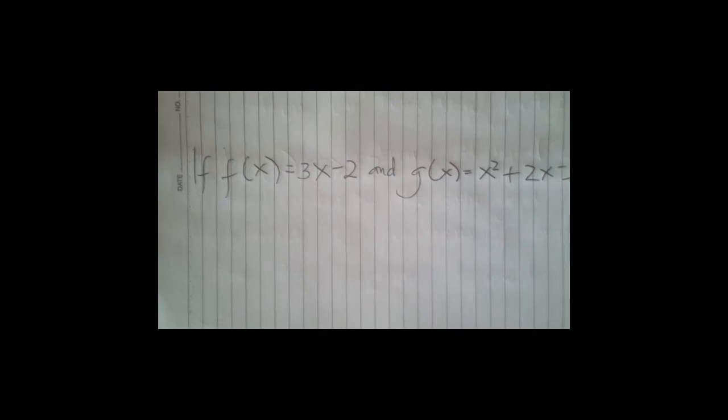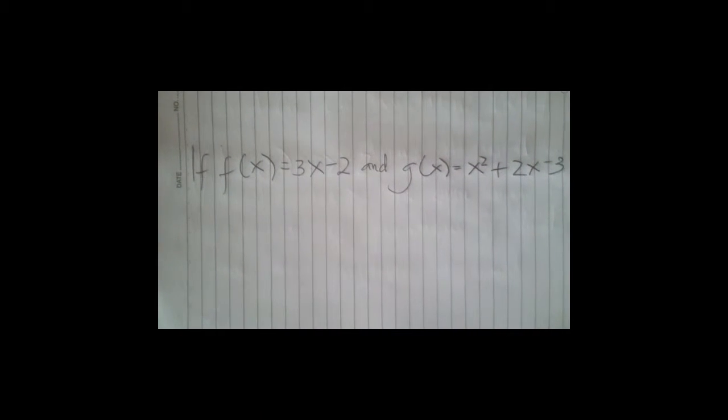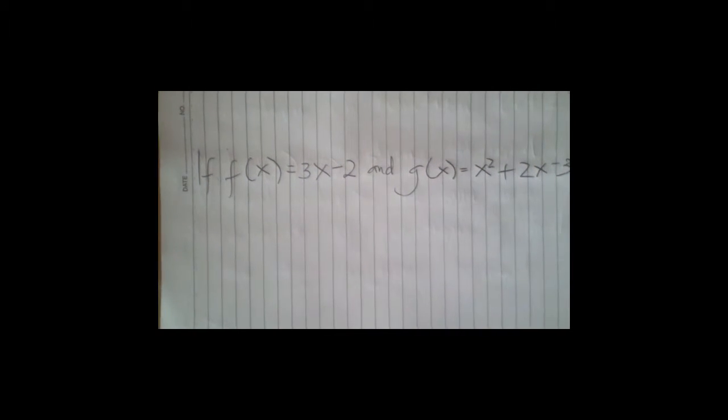This time, I will teach you how to solve a problem using the two methods of function. This is the given for our problem. If f of x equals 3x minus 2 and g of x equals x squared plus 2x minus 3.